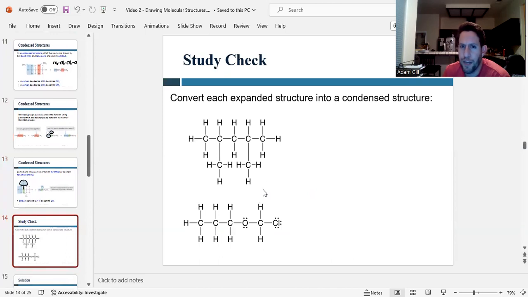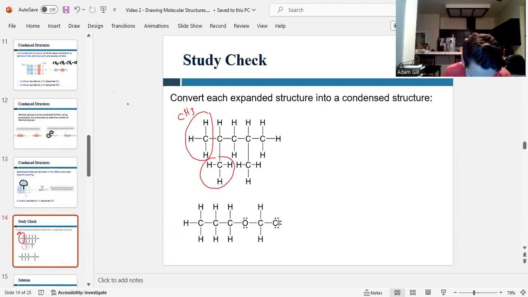All right, let's do some practice here. Convert each expanded structure into a condensed structure. So this is a little overwhelming to look at. And so let's try and condense it so it's easier to manage. So we want to condense this group right here. That's going to be a CH3. This is going to be a CH3.